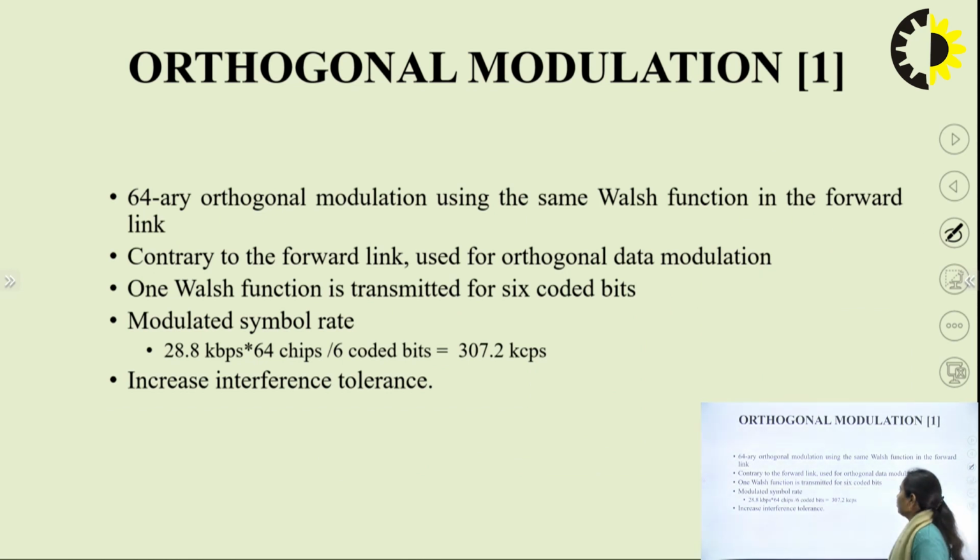First one is the orthogonal modulation. It is a 64-ary orthogonal modulation using the same Walsh functions as in the forward link. Contrary to the forward link, it is used for orthogonal data modulation. Then the modulated symbol rate is 28.8 kbps into 64 chips divided by 6 coded bits.